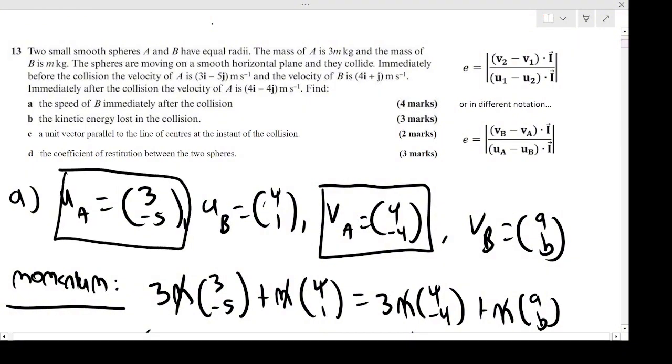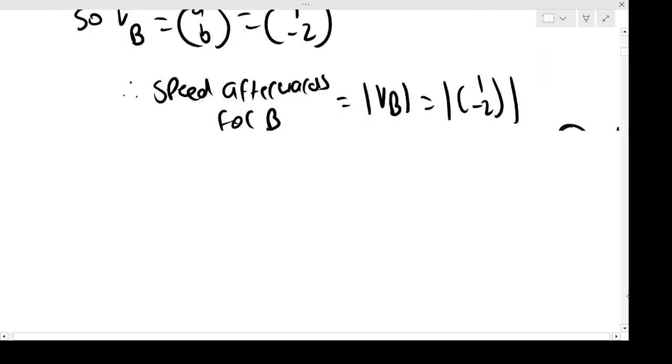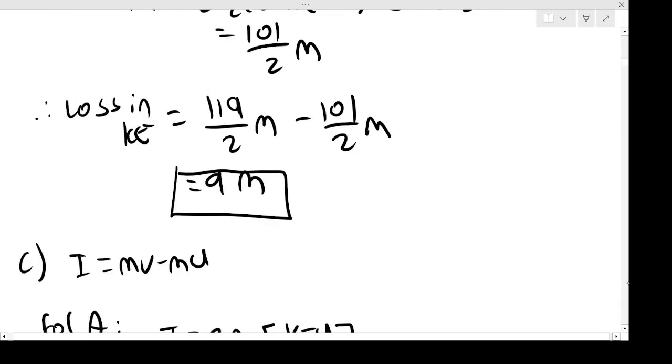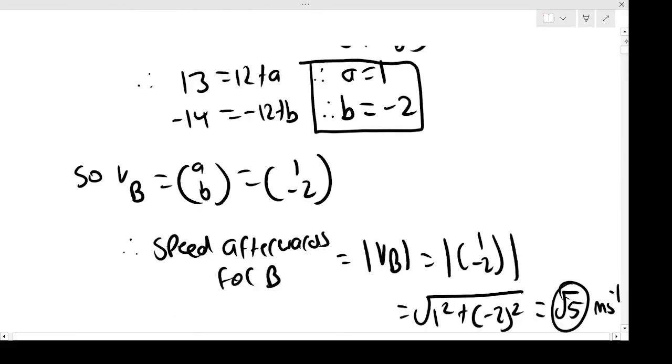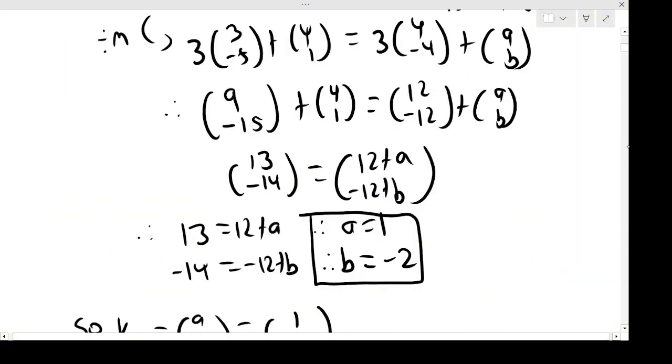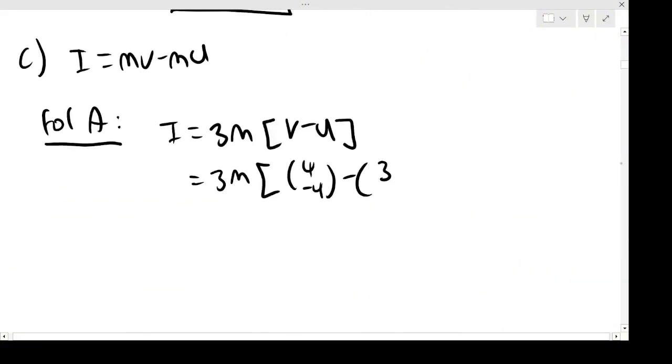So I'm going to take these two away: (4, -4) take away (3, -5).